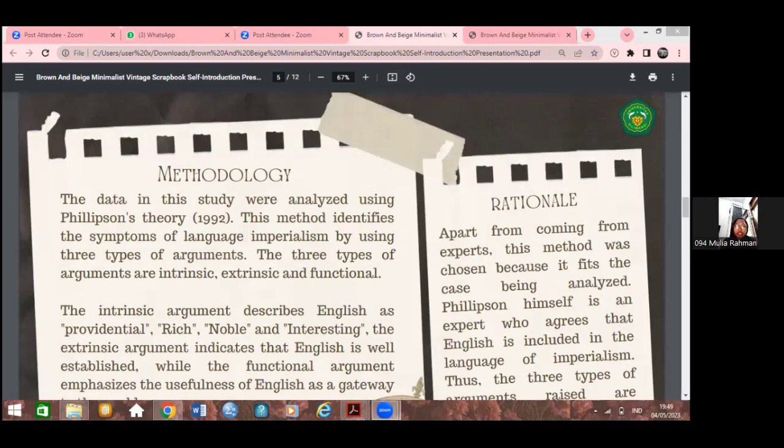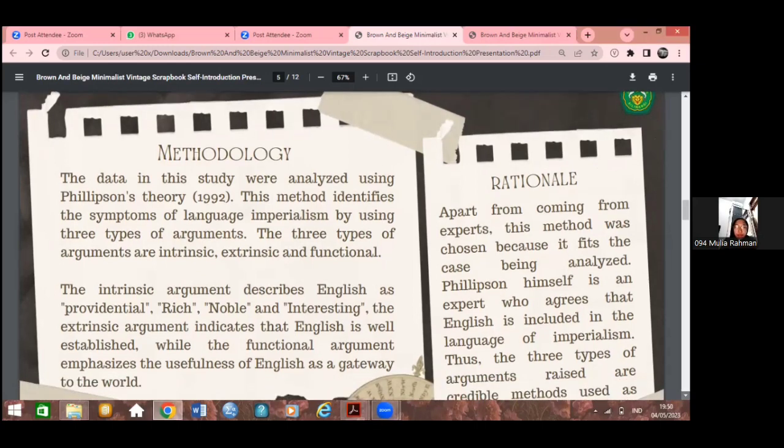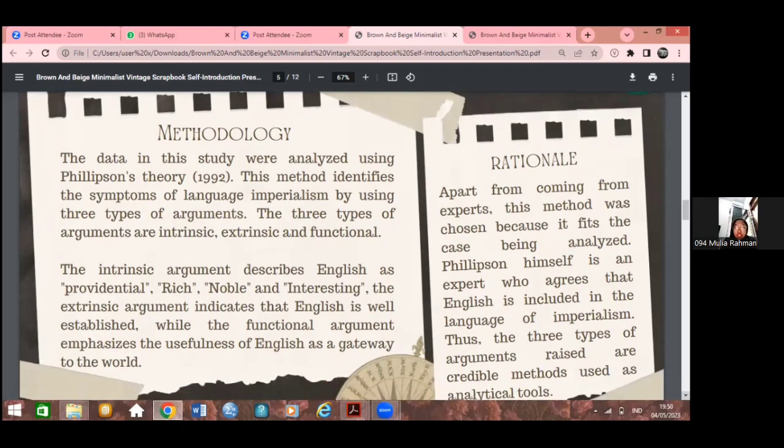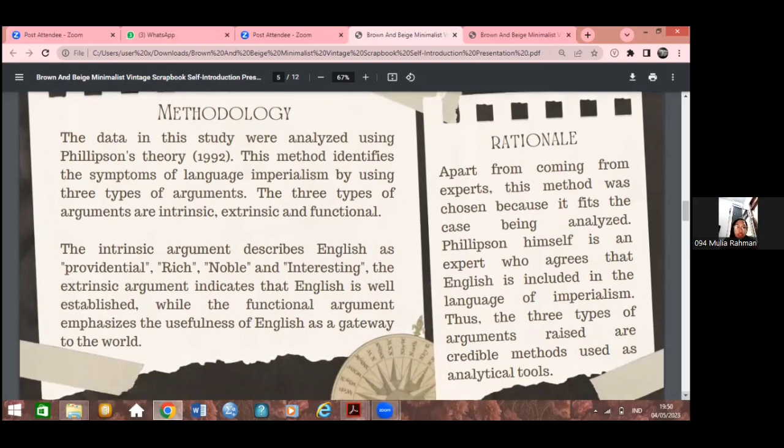I am Mulia Rahman, and here I would like to explain the methodology and rationale of the data. The methodology that we use for analyzing the data is from Philipson's theory in 1992. This method identifies the symptoms of language imperialism by using three types of arguments: intrinsic, extrinsic, and functional.